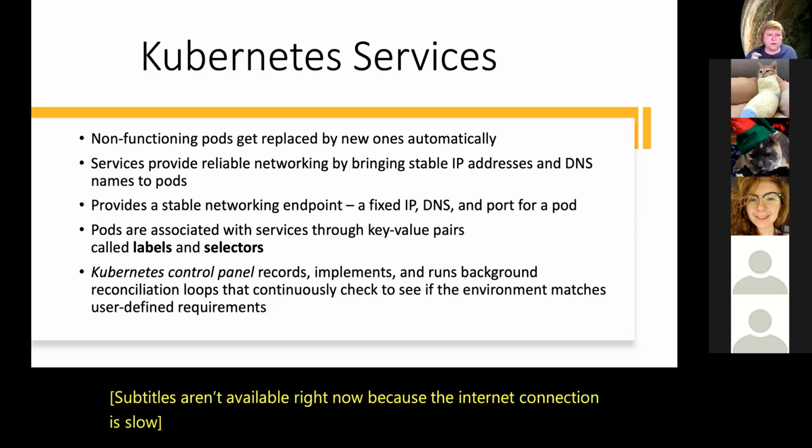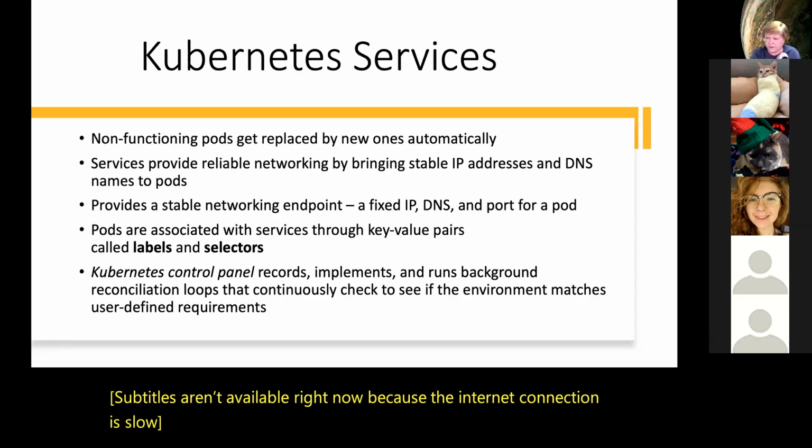So there's a stable networking endpoint. You have a fixed IP, DNS, and port for each pod. And if the pod dies, it fails, and a replicant is put in its place, it still has that fixed IP and DNS entry and everything like that.